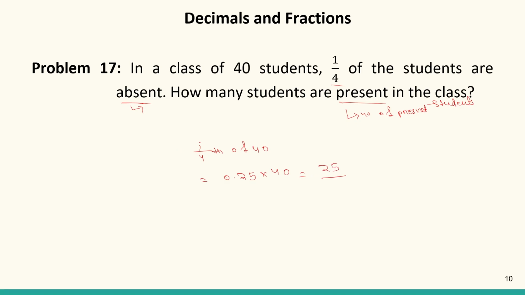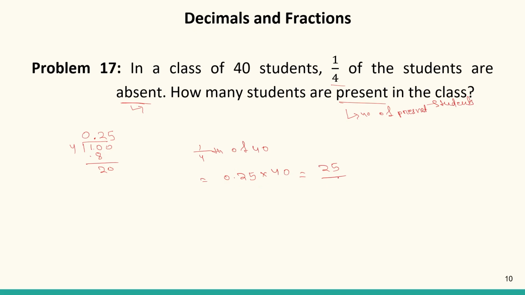If we convert 1 by 4 into decimal, it will give us 0.25. By converting it to decimal form, what we get is 0.25.